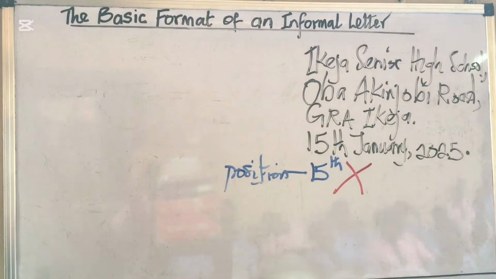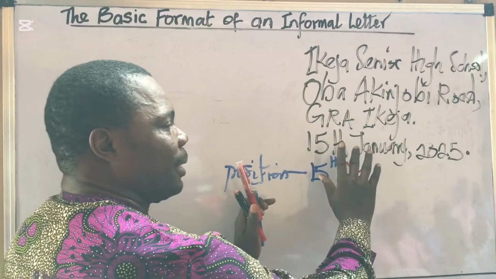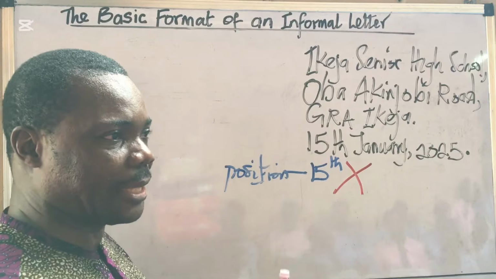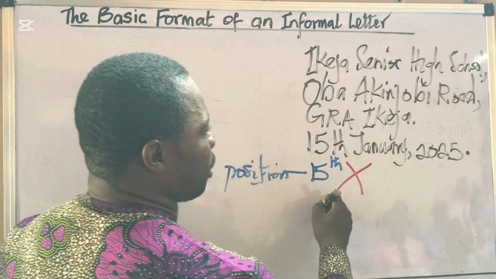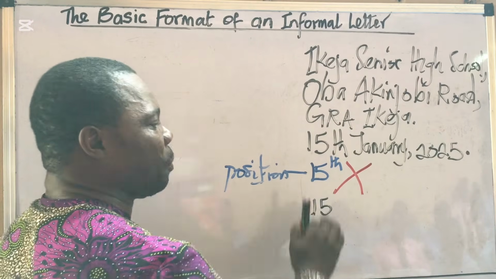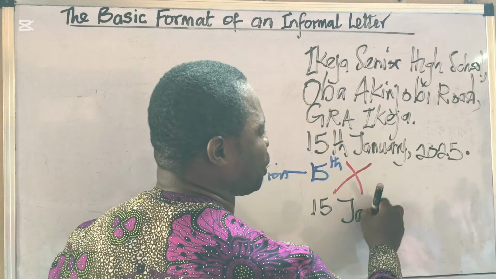Take note of this. Then another thing that you must avoid with the writing of dates in letter writing is the use of a cardinal number without marking it with an ordinal marker, and then you write January.